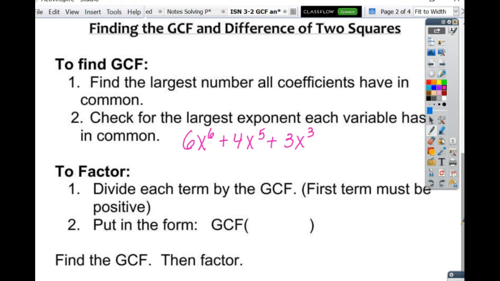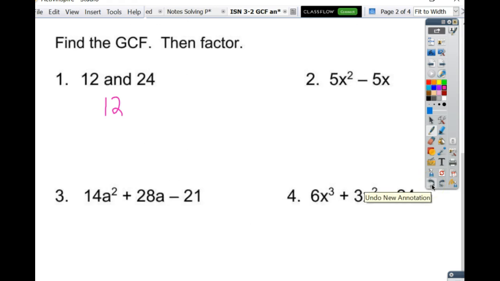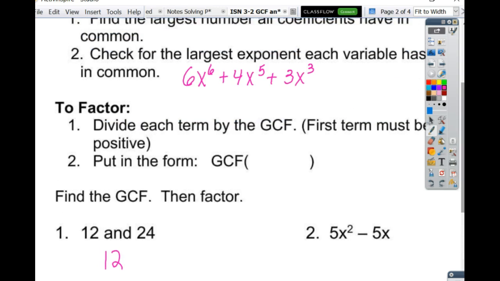But what about the exponents? I have 6, I have 5, and I have 3. So what is the greatest common factor with your x's? 3, right? This has 3, this has 3, and this has 3. So the greatest common factor is x to the whoa.